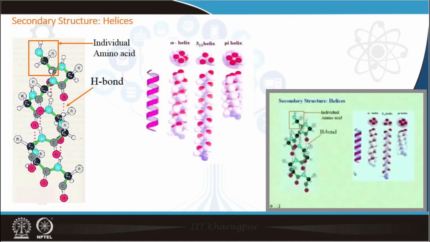These are the different types of helices you can have: an alpha helix, a 3-10 helix, and a pi helix. I'll explain these terms. But basically, what you need to know is what an alpha helix actually is. These just tell you how many turns there are, because they look kind of different.